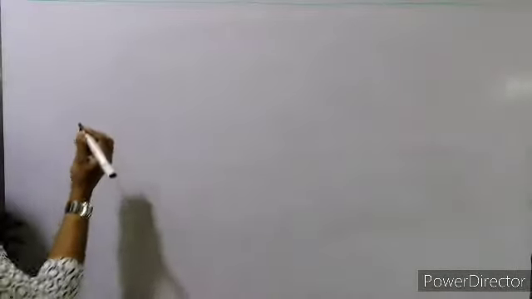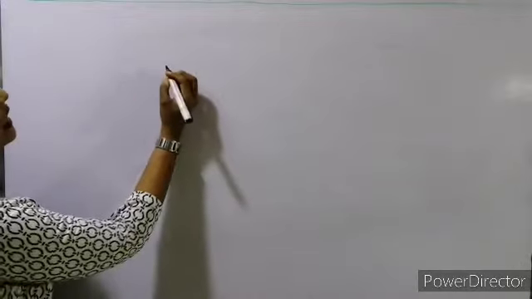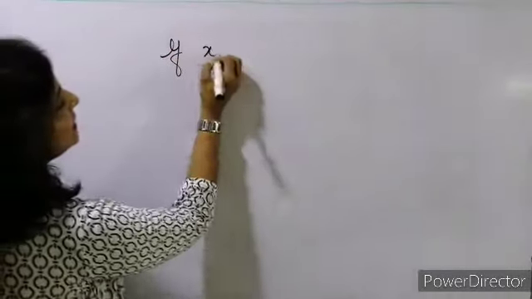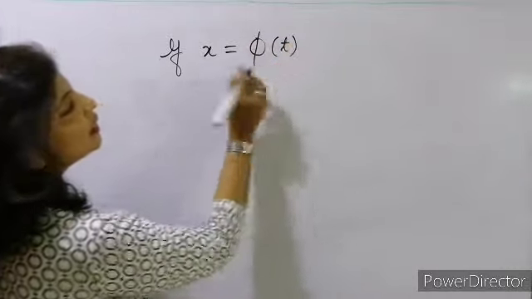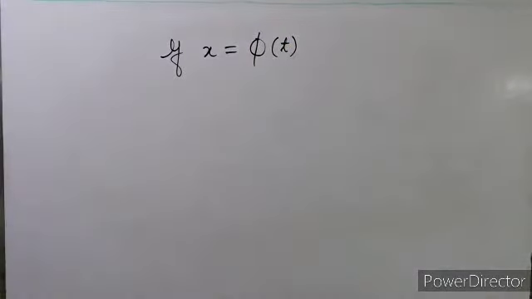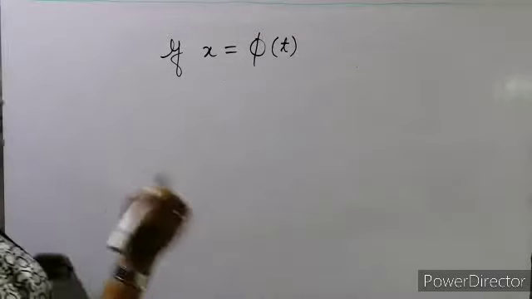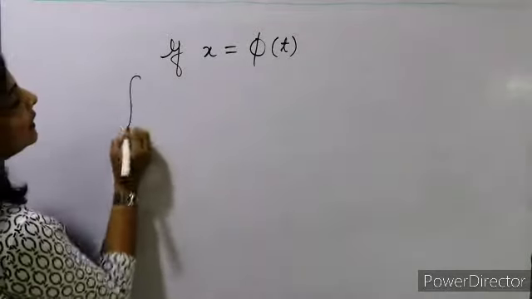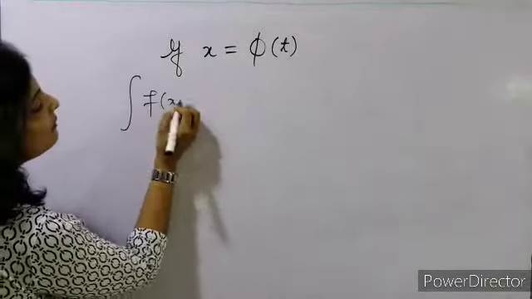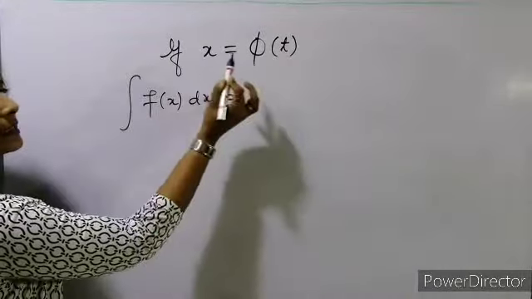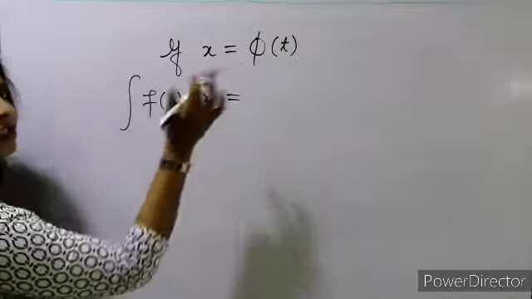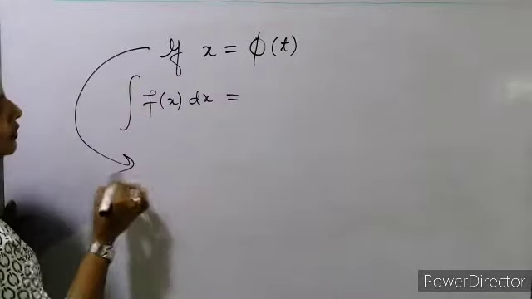In this method, we will see if x is a differentiable function of t. So phi t is a differentiable function of t. Then what will be the value of f(x) dx? If x is equal to phi t, it means x is a differentiable function of t.